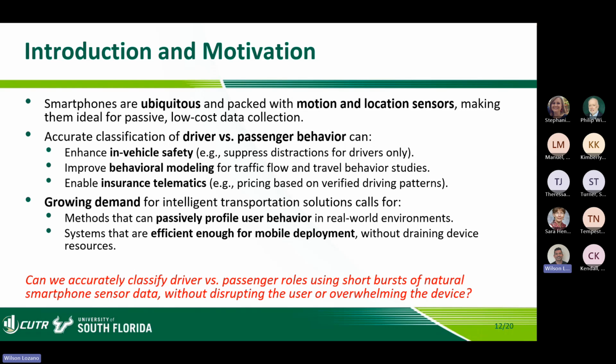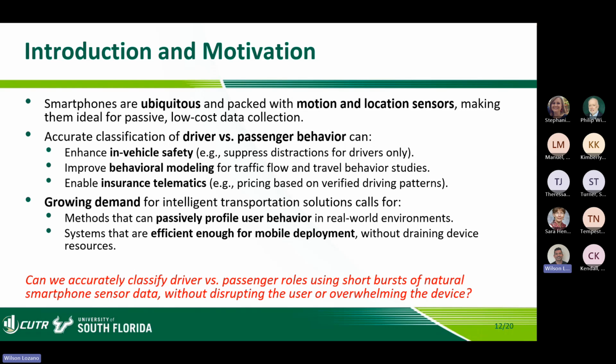So accurate classification of driver versus passenger behavior can be helpful for enhancing in-vehicle safety, for example to suppress distractions for drivers only, or to improve behavioral modeling for traffic flow and travel behavior studies, and also enable insurance telematics.